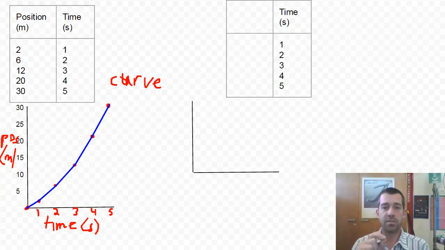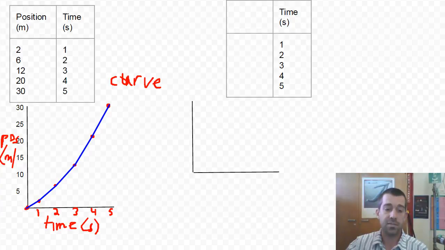If you're writing that down in your notes, make sure you know that not every graph will be a curve when you accelerate. It's only the position. And that's because you don't go the same distance each second when you're accelerating. You go a short distance and then a longer distance and a longer distance.